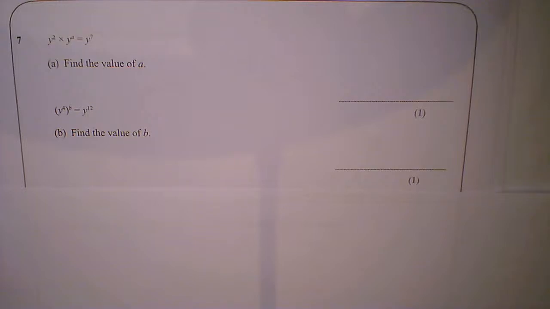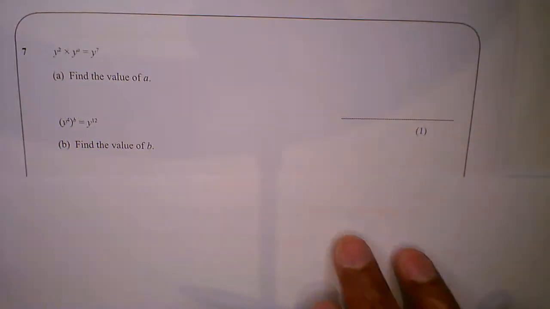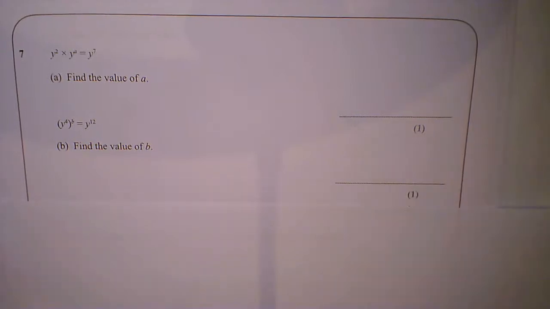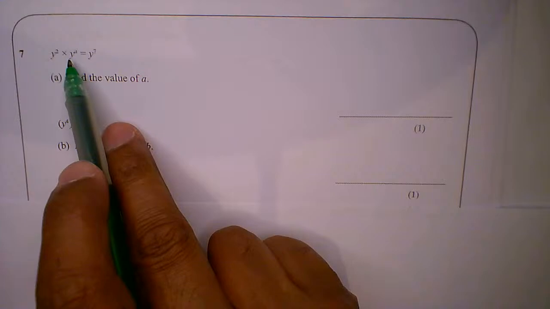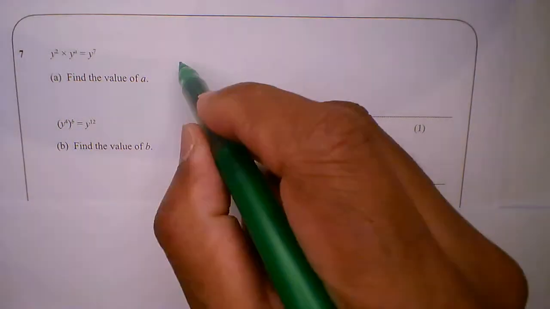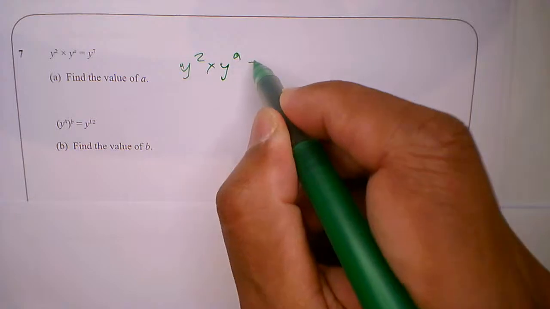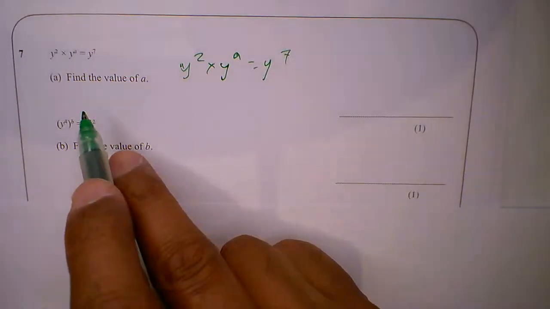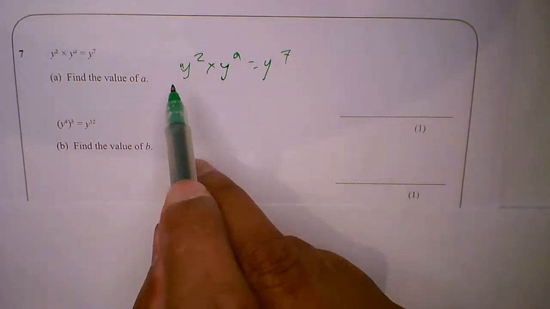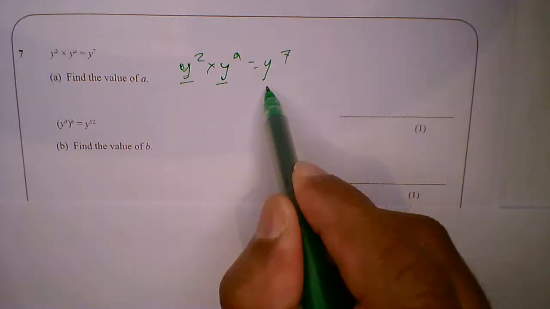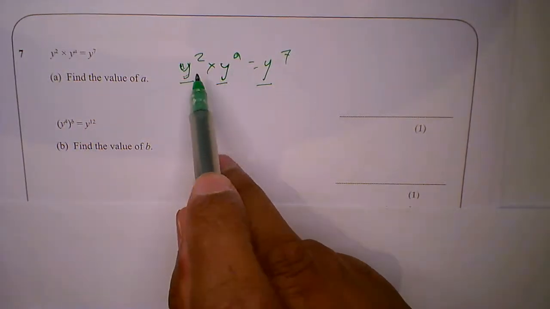Question 7a. y times y to the power a, y squared times y to the power a equals y to the power 7. Find the value of a. So we have the base, they are the same. So when we are multiplying, we're adding the powers.